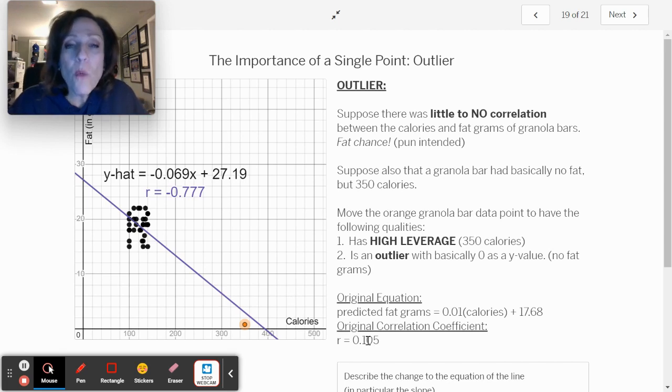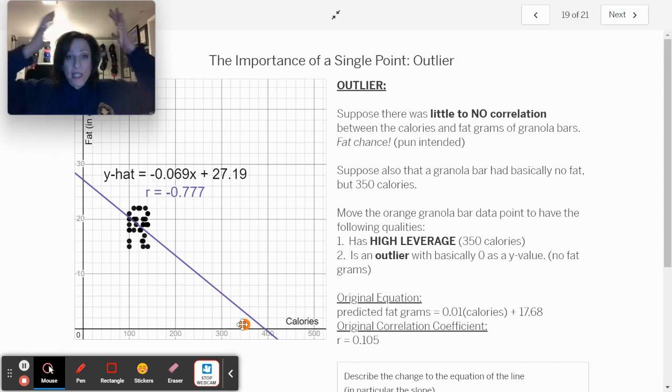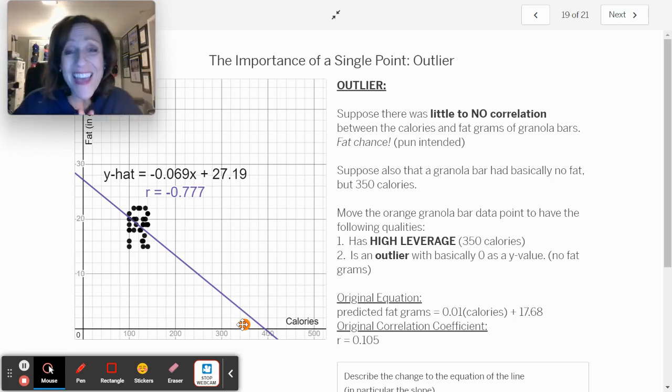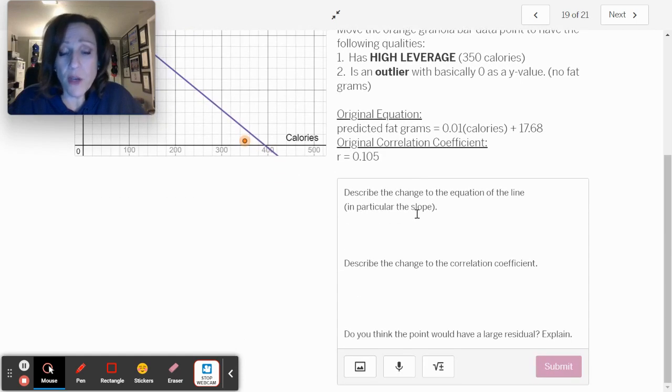Now, that one particular point was so influential that, dare I say, this was a strong negative correlation? Holy cow. What is going on? One singular point, so influential, it made something that had no correlation whatsoever, or very weak, look like it had a strong negative correlation. Whoa, big deal. All that vocabulary going on together.